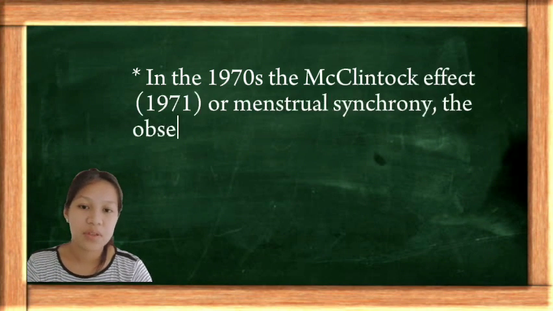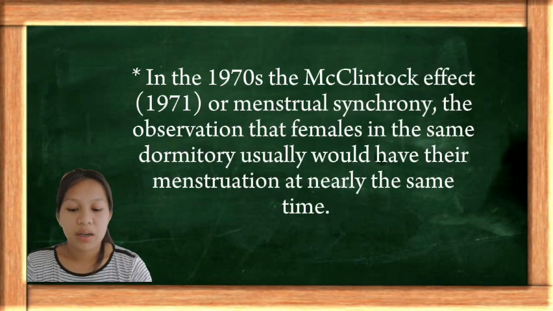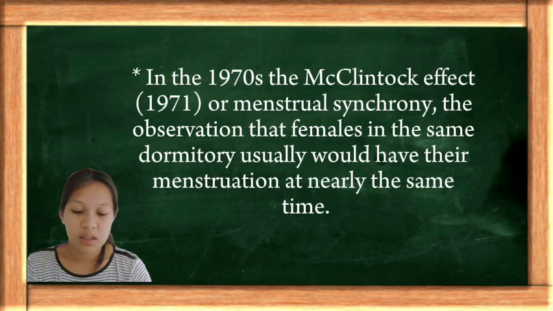In the 1970s, the McClintock effect, 1971, or menstrual synchrony, was the observation that females in the same dormitory usually have their menstruation at nearly the same time.